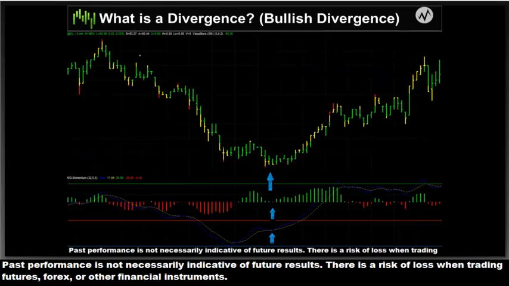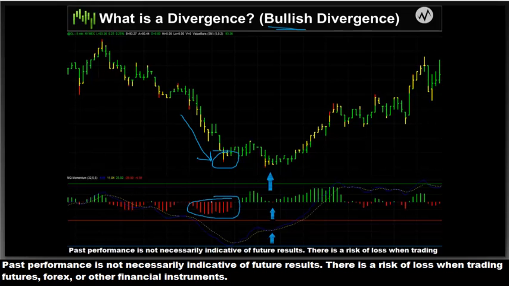Okay, look here. Here's an example of a bullish divergence. Prices are going down and make this first set of lows here. Look at the histogram bars. They are negative and red, corresponding to this downward bearish price movement. Prices come up a little bit and then come down to make a lower low down here.